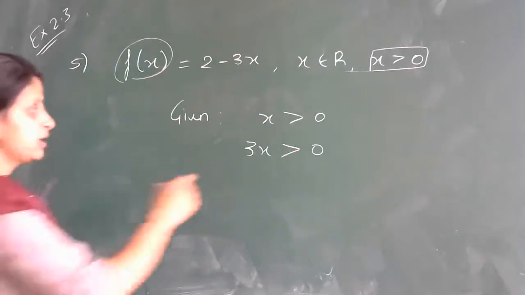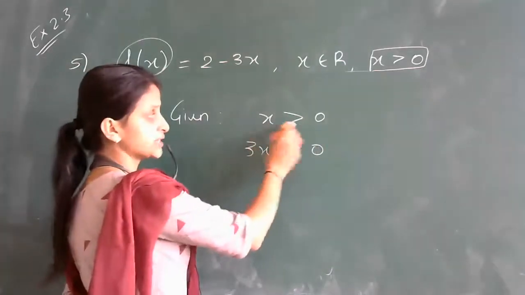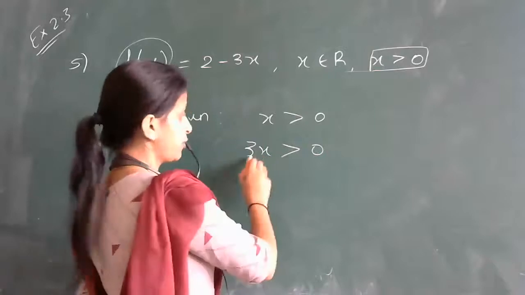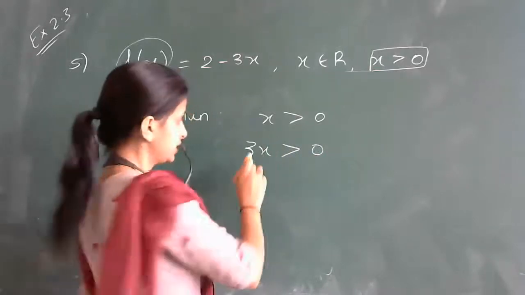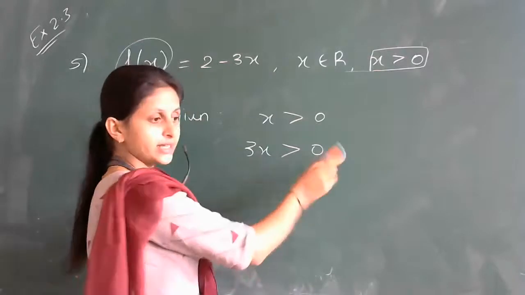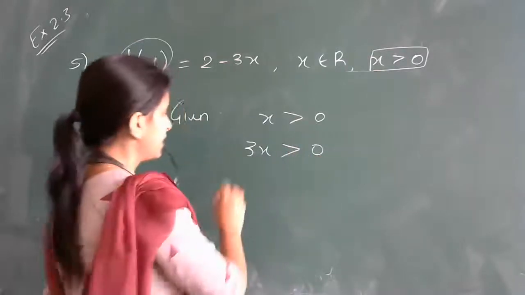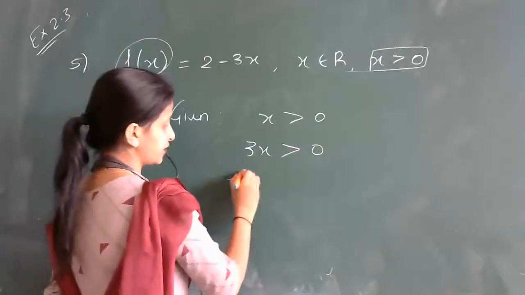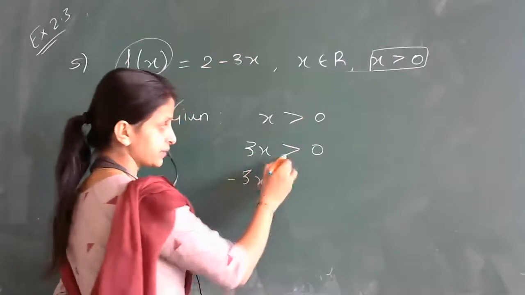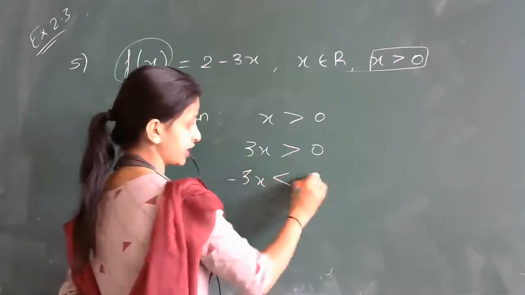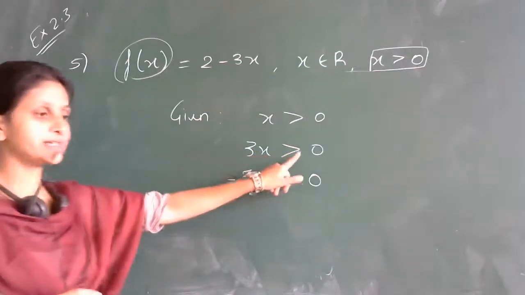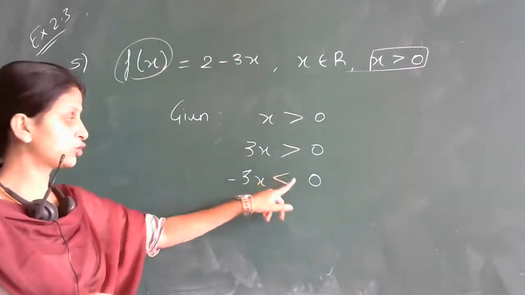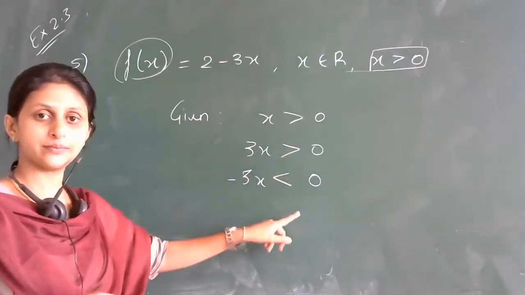Here, this is given: x greater than 0. If you multiply 3 on both sides, the inequality sign will not change. 3 into 0 is again 0. Now, take the negative sign on both sides. If you take the negative sign, the inequality sign will change: greater than will become less than.